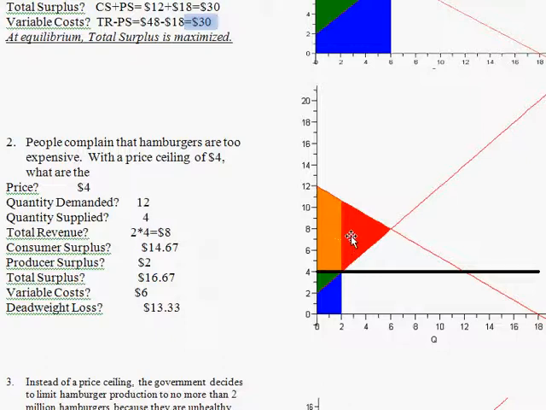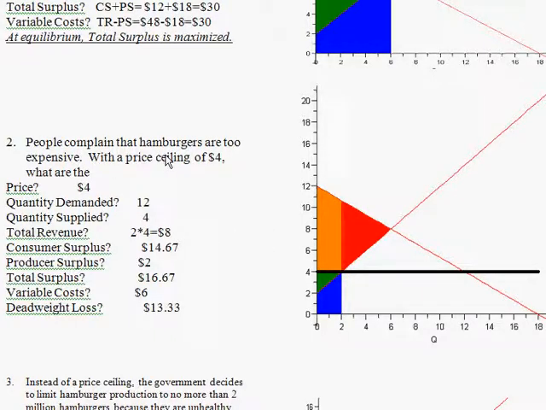It's not consumer surplus because you don't get surplus for something that you don't buy, and it's not producer surplus. It's not money that the producer will have left over after paying their variable costs that could be used for paying fixed costs and for profit. So this is surplus that we don't have anymore.